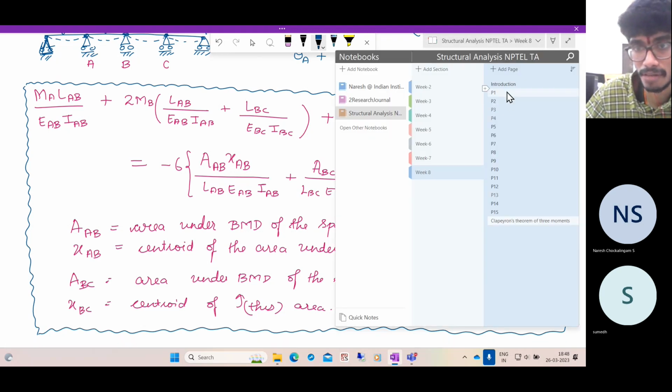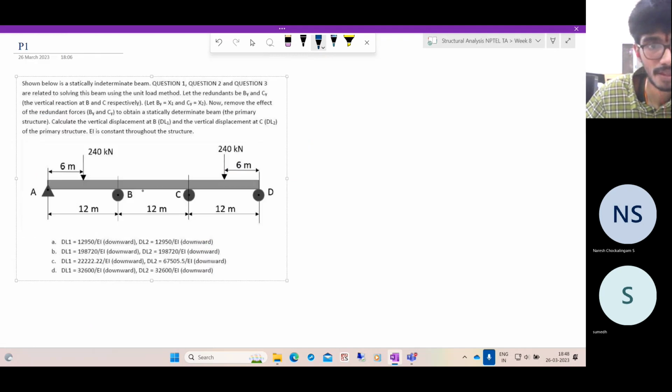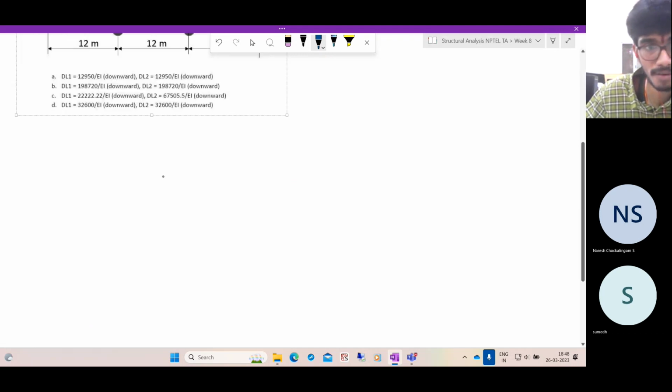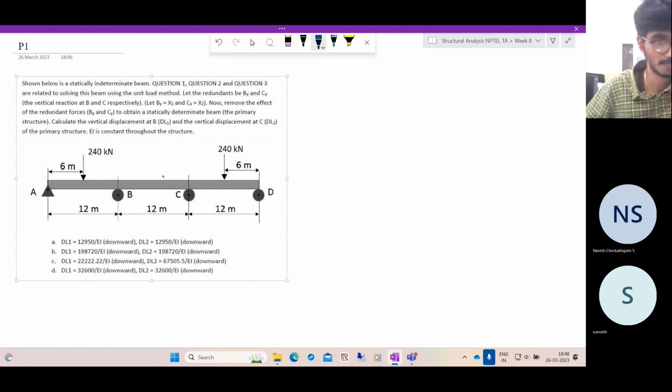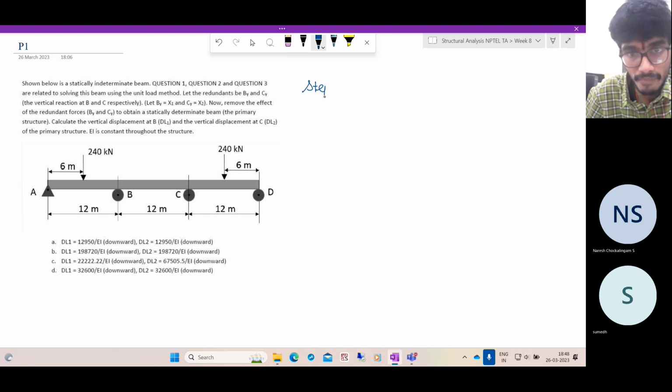We have about 15 problems, but it's a set of three related problems. Shown below is a statically indeterminate beam. Obviously, this is a statically indeterminate beam. What is the first step? The first step is to determine the degree of static indeterminacy.